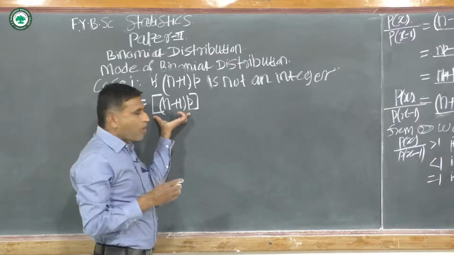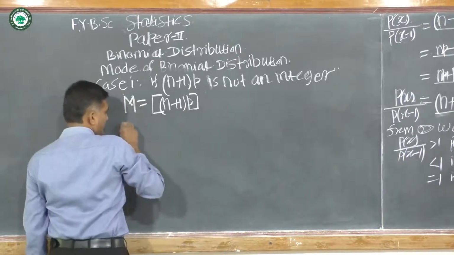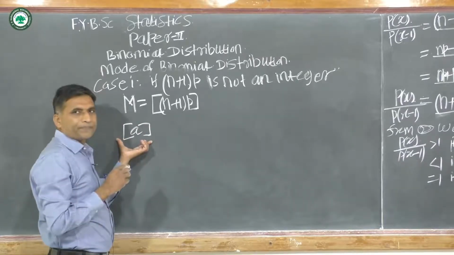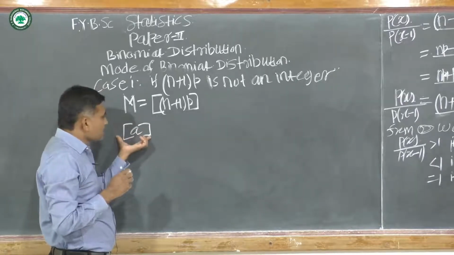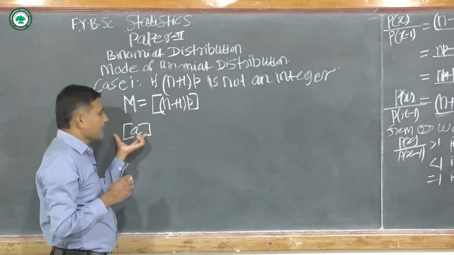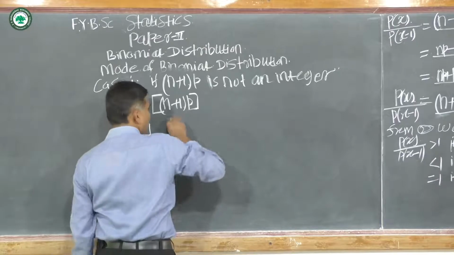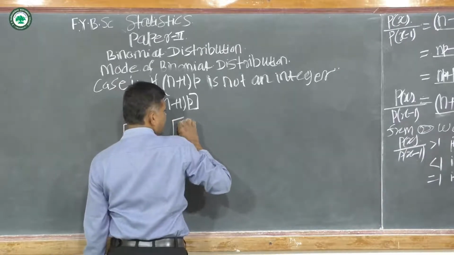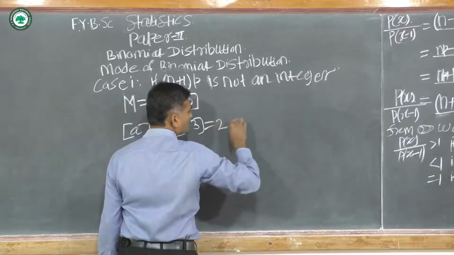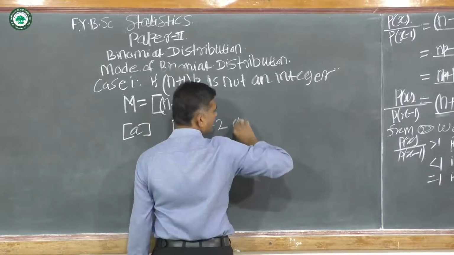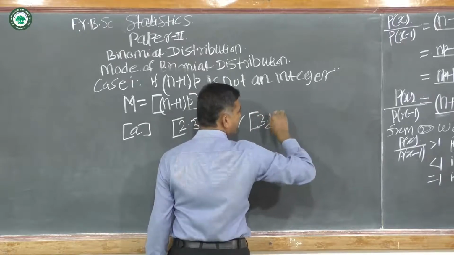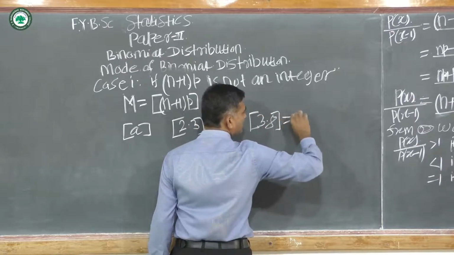Here the meaning of the floor of A is only the integral part of A, that is, the floor of 2.3 is equal to 2, or the floor of 3.8 is equal to 3.